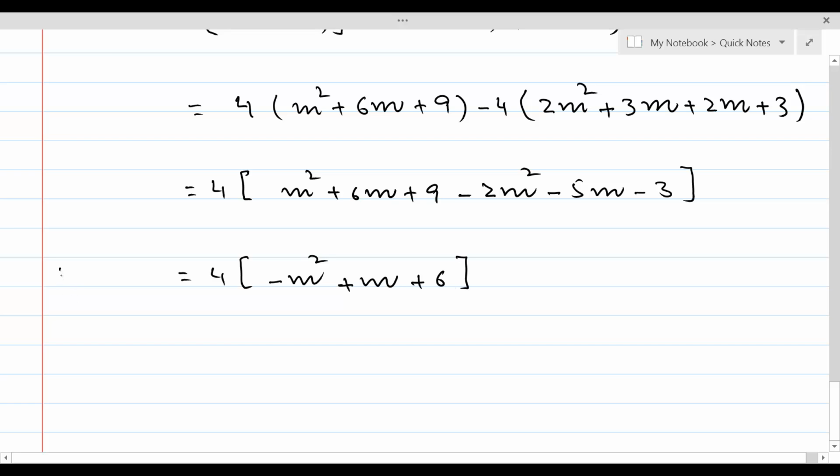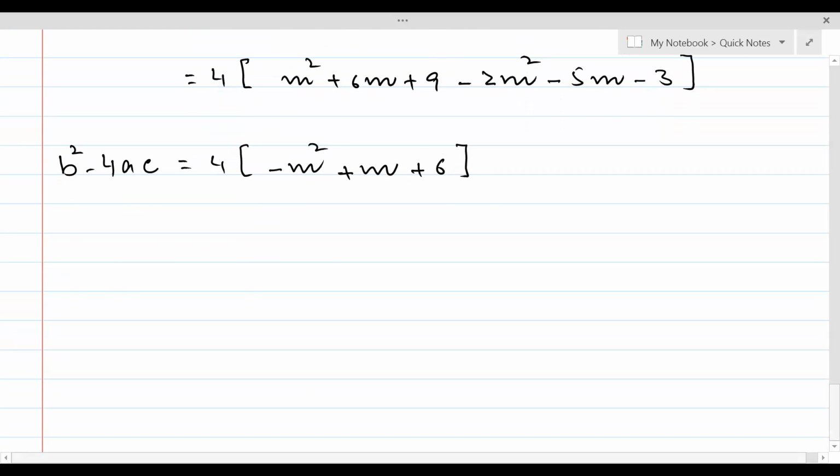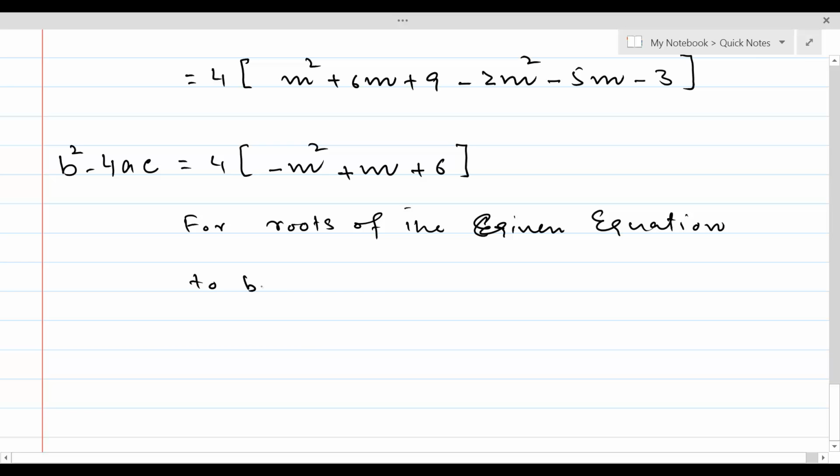So this is the value of the discriminant b square minus 4ac. For the roots of the given equation to be equal, we have b square minus 4ac equal to 0.